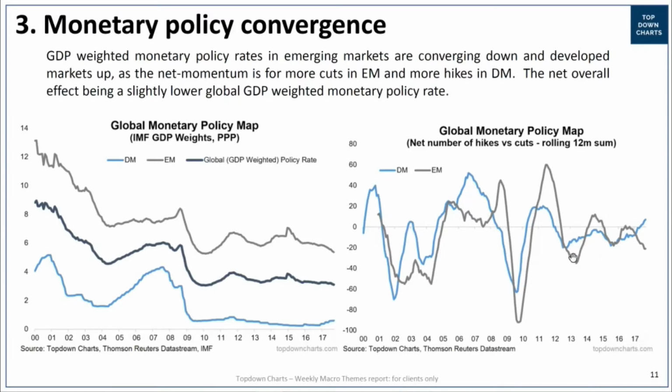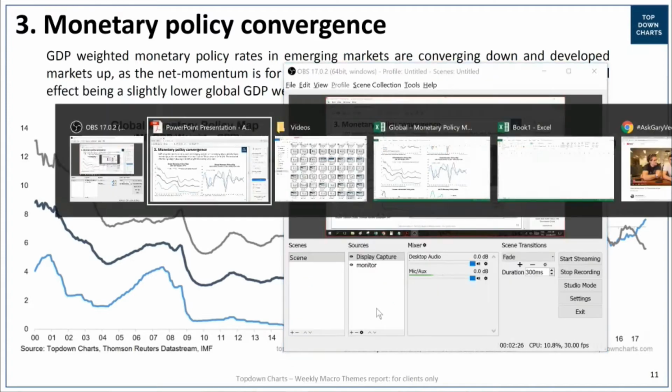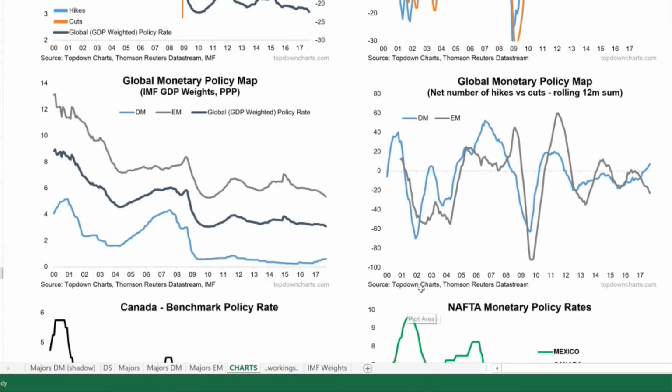You can see here too, this is showing you how those are evolving by showing the net number of hikes versus cuts on a rolling 12-month sum. And I'll just quickly take you over to the latest data, because there has been further cuts. You can see that on that rolling cuts versus hikes chart, it's looking even more accentuated here.